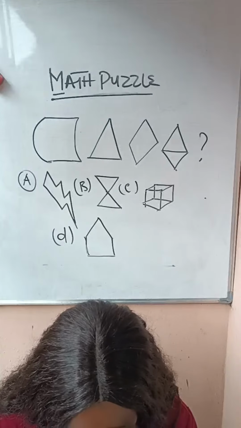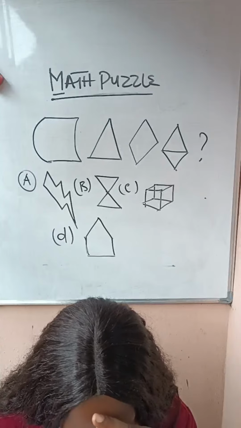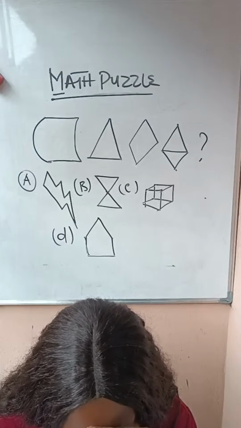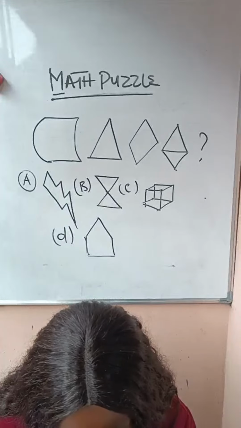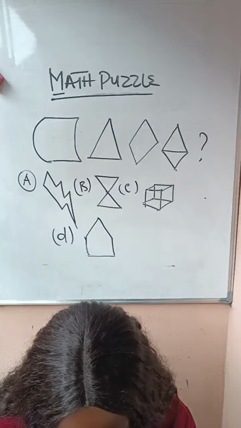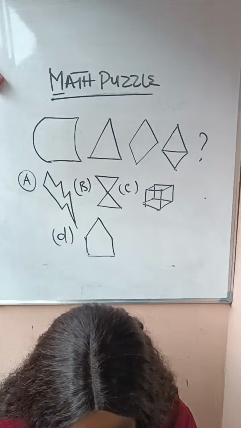Are you sure? True Seeker is asking what's the question. What should be next in the sequence? The next shape in the sequence. Yes, that is the question. What is the next shape in the sequence?